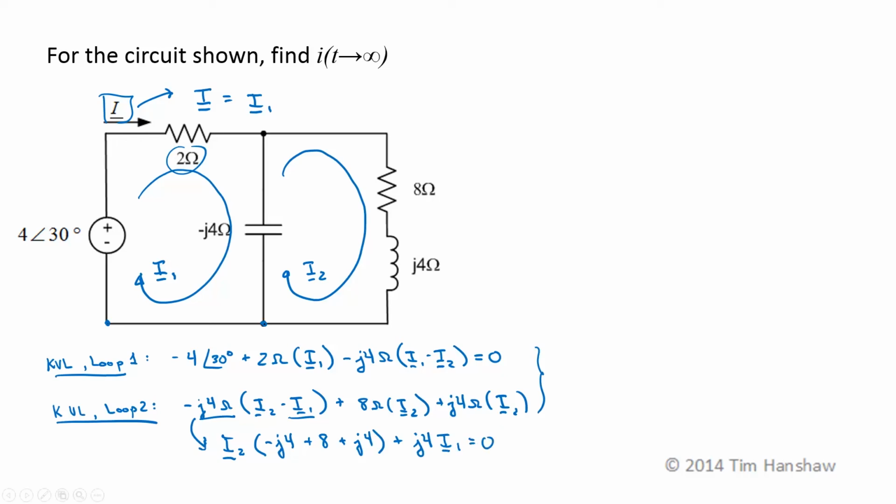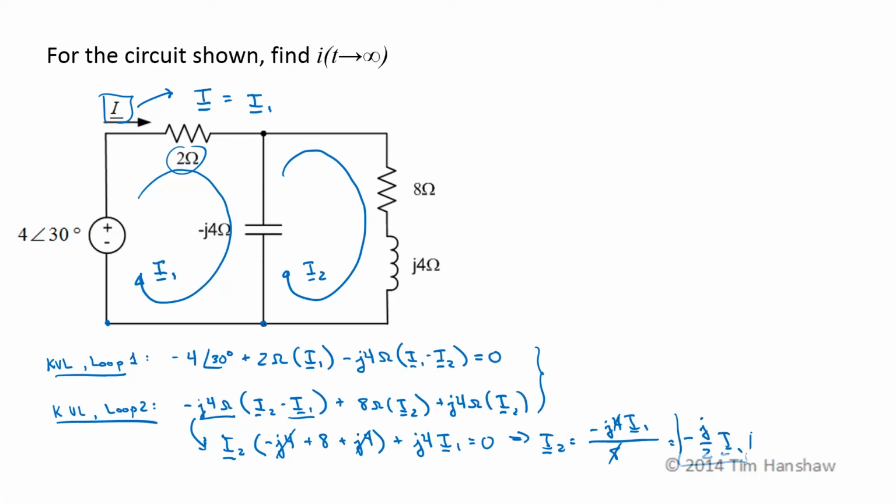That equals 0. If I solve this, then I2 is going to be minus J4 times I1 over 8, since the J4s cancel, so I2 is going to be 1/2 minus J over 2 times I1.